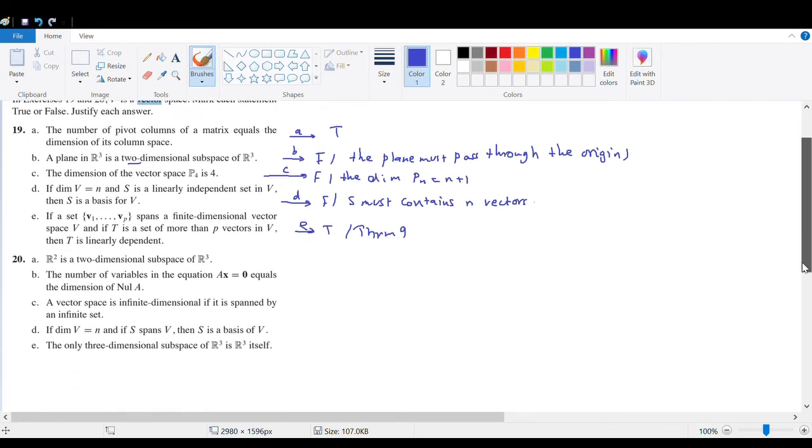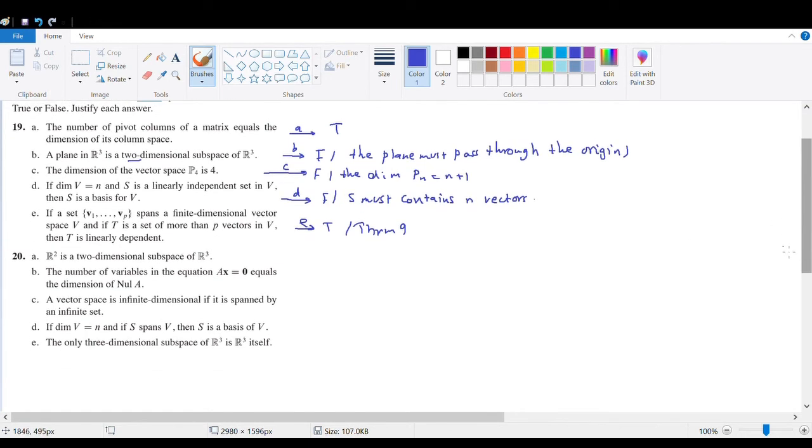Now for 20, A: R2 is a two-dimensional subspace of R3. This one is false because R2 is not a subset of R3. B, the number of variables in the equation Ax equals 0 equals the dimension of Nul A. This one is false.